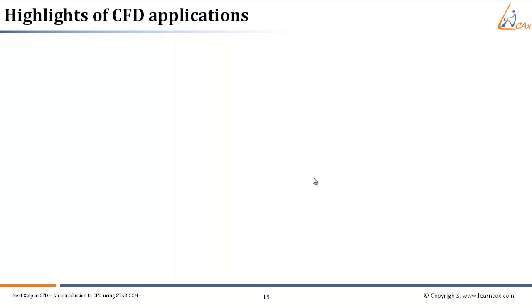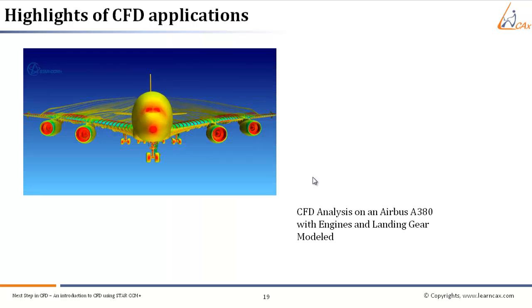software. Highlights of the CFD applications: there are some very good examples available from the CD-adapco website, which highlight the application of this software in very complex physics-related phenomena. The first among them I'm highlighting here is the CFD analysis of an Airbus A380 with engine and landing gear modeled.